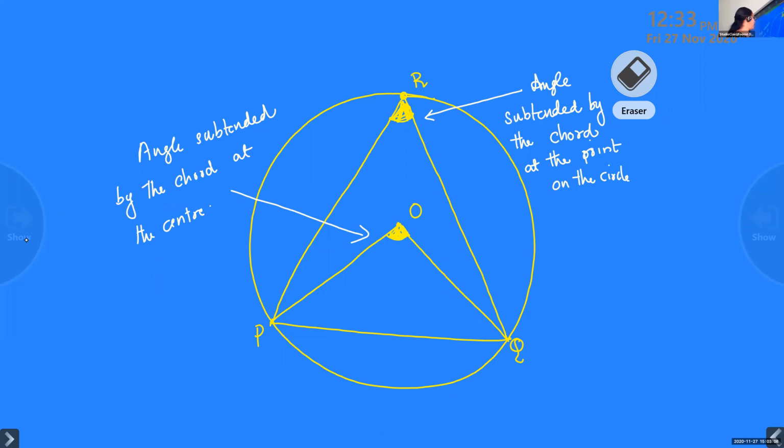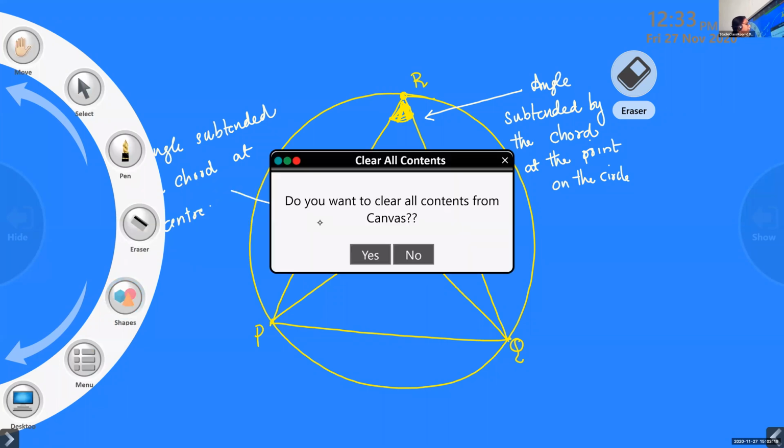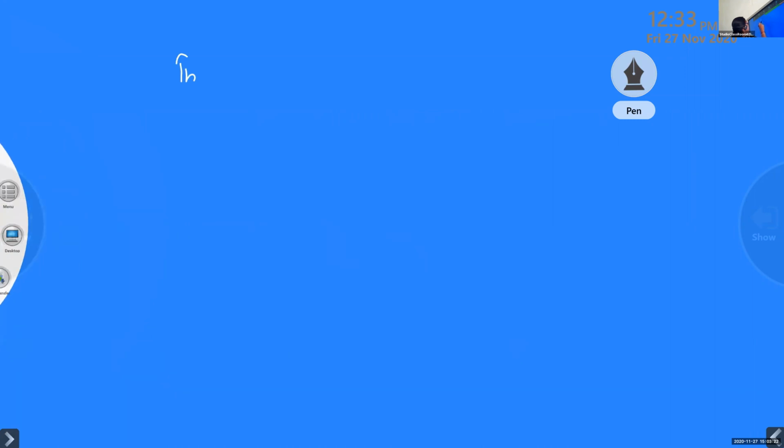Okay, children, there are a lot of interesting things to study in this chapter. Constructions are there. Now I'm going to erase it. So we'll study theorem 1, the first theorem.